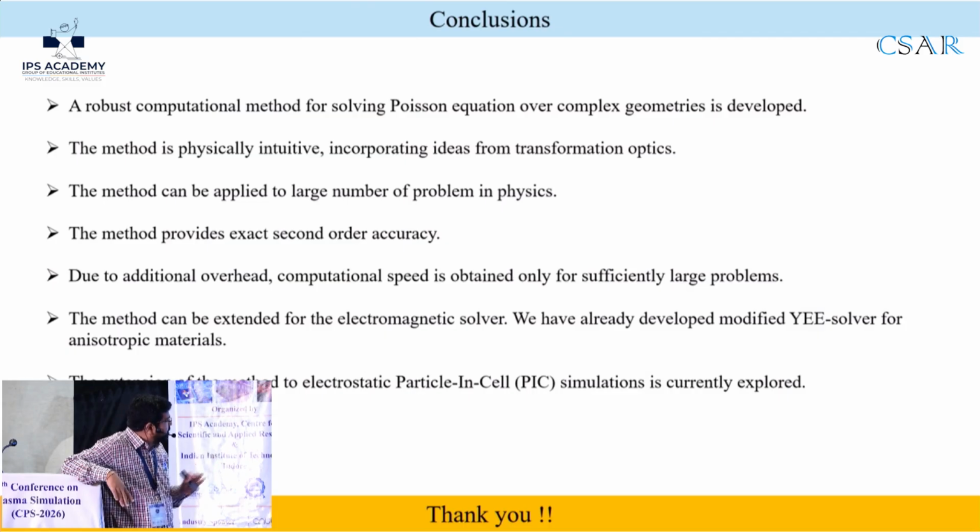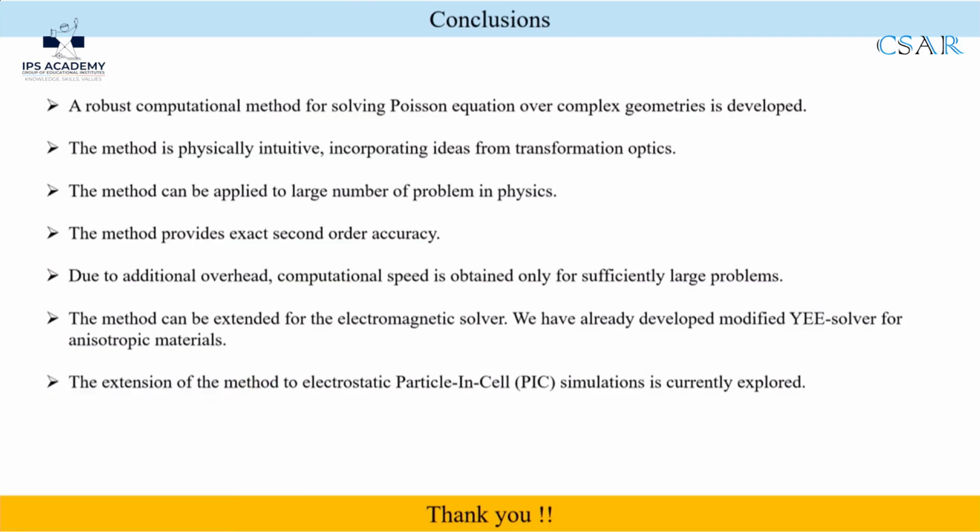Okay, and this is my conclusion. We have developed a robust Poisson solver for solving these complex geometries. The method is, at least I found it, very physically intuitive, incorporating ideas from transformation optics. It can be applied to a large number of problems in physics, not just in plasma physics and fluid dynamics, because Poisson solvers are required everywhere.